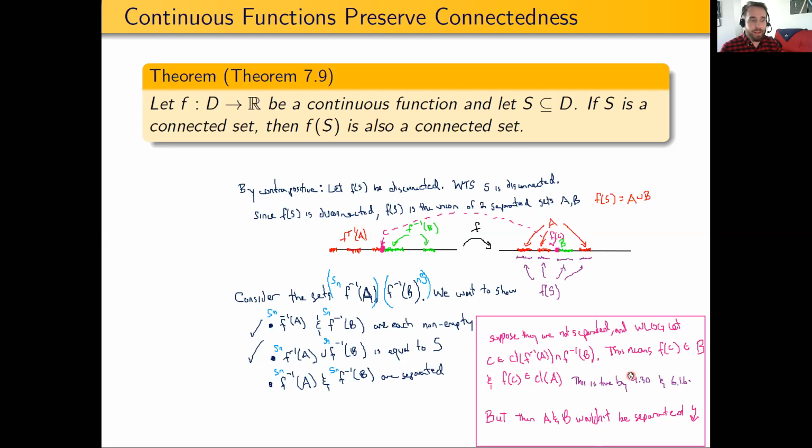Theorem 4.30 is a result about sequences. It said that if an element, such as C, is in the closure of a set, that means that there exists a sequence of points in the set itself that converges to a limit, or that has as its limit this number C. So that was theorem 4.30.